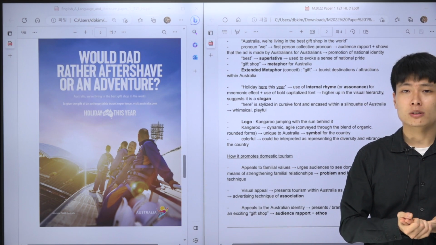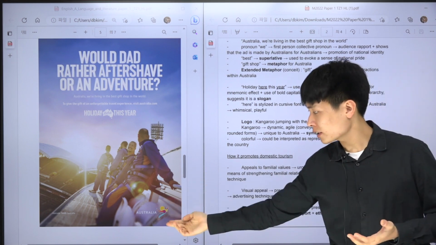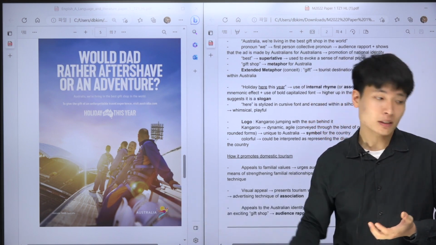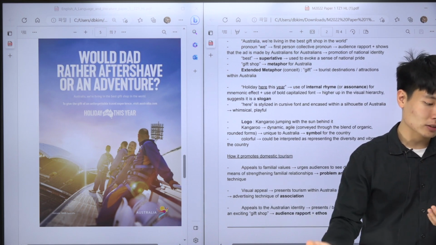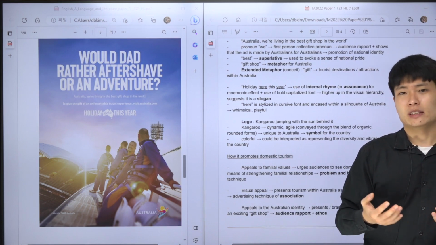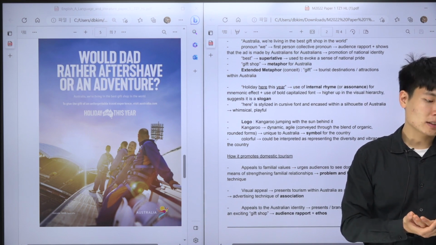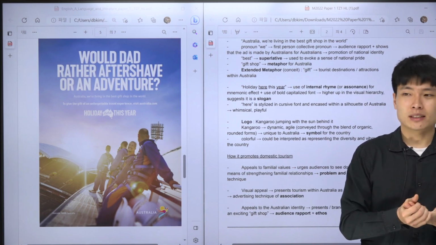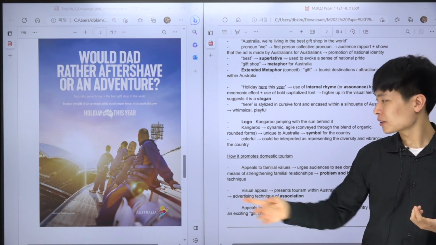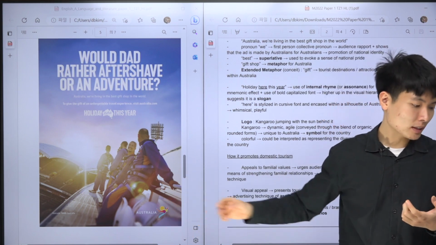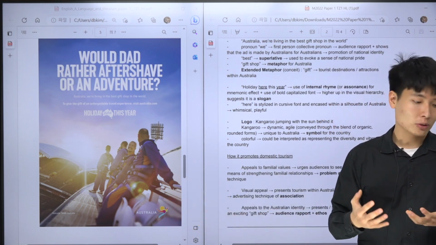So the logo is simply a logo for Australia. It's a kangaroo jumping with a sun in the background. The kangaroo is a very dynamic, agile creature, and that dynamism, that agility is being conveyed through the blend of organic shapes within that logo.